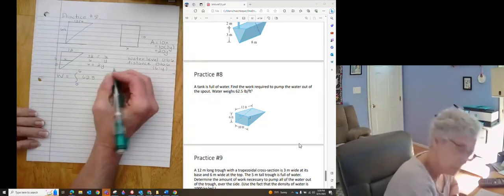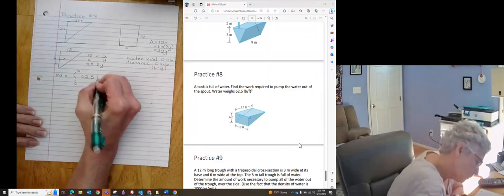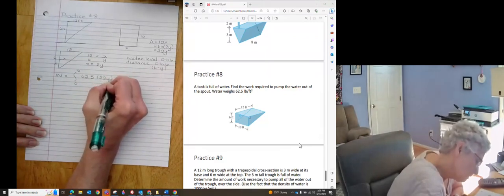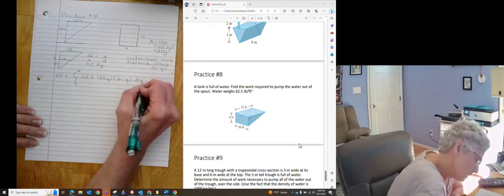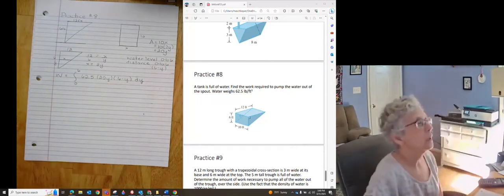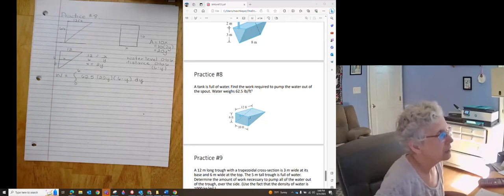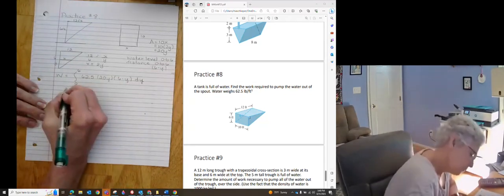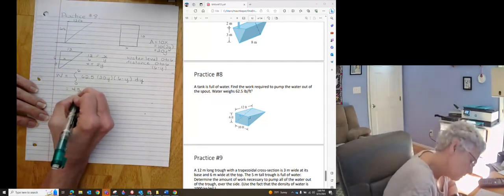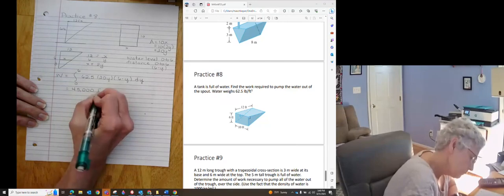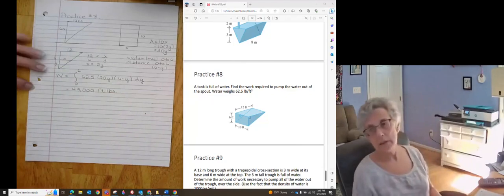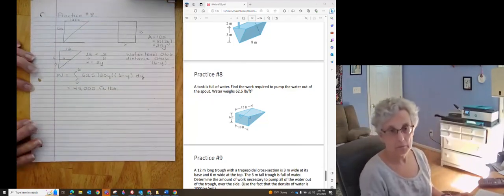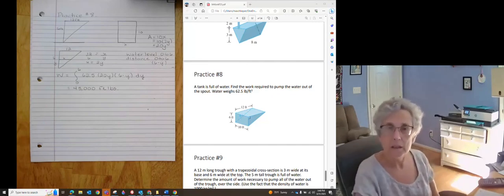So 62.5, area was 20y, and distance is 6 minus y, dy. I have the answer written down over here, and I get 45,000 foot-pounds. So that was a nice simple one.